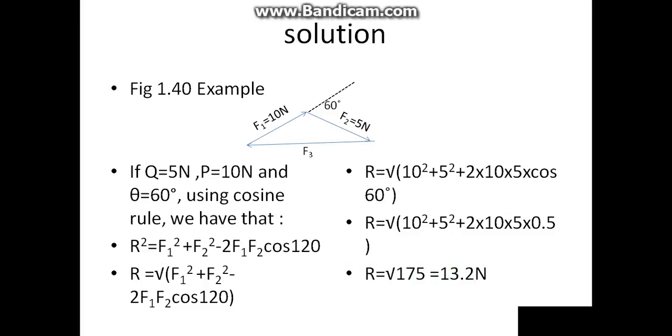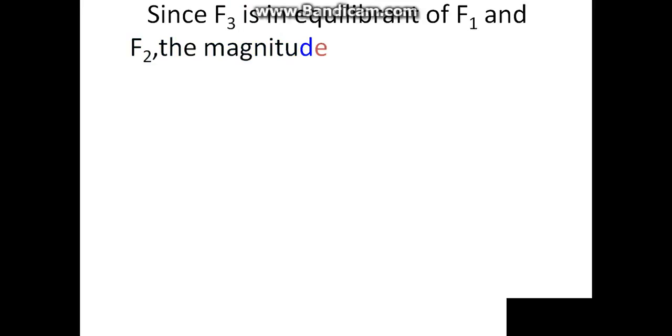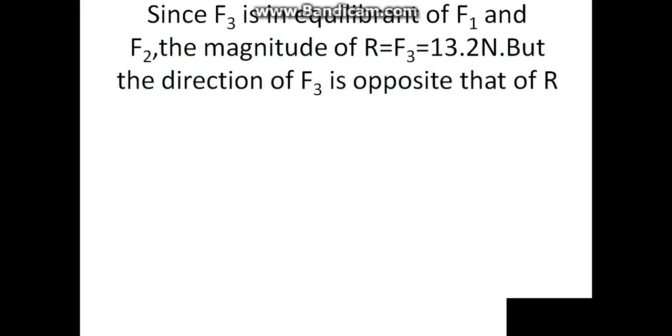By doing the sum, we have the square root of 175, which will give us 13.2 Newton. Since F3 is in equilibrium with F1 and F2, the magnitude of R is equal to F3, which is 13.2 Newton, but the direction of F3 is opposite that of R.